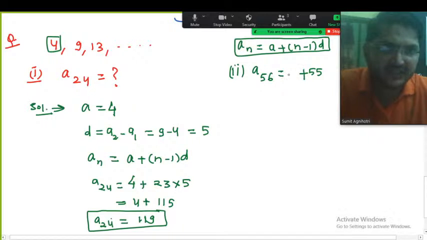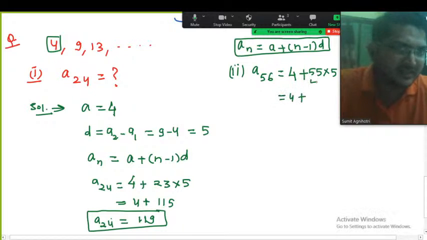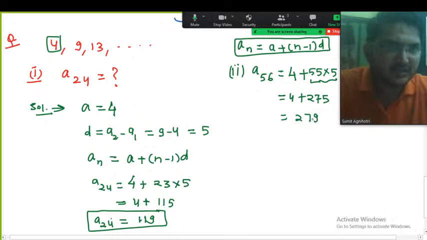We have to add it to A and multiply this 55 by D. We already have A equal to 4 and D that we calculated equal to 5. As per the BODMAS rule, we first multiply. That's why we will multiply these two values first. It gives us 5 fives are 25, 5 fives are 25 and 2 is 27, 275. Then we have to add 4, that is 279, which is our 56th term.